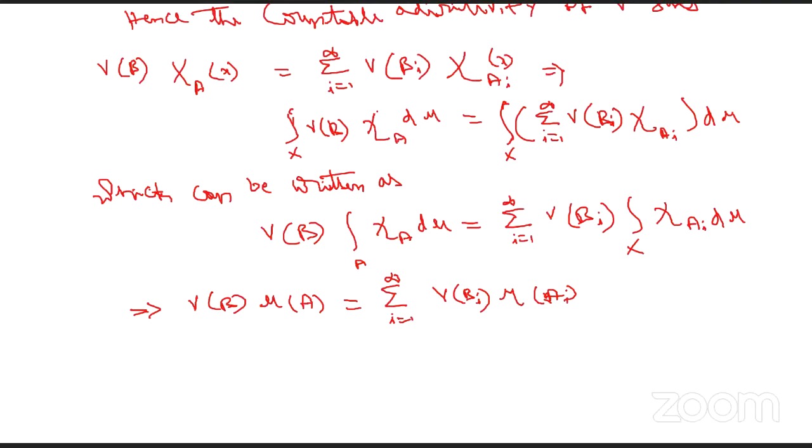Thus, nu of A cross B, that is mu naught of A cross B, equals the sum over i equal to 1 to infinity of mu naught of A_i cross B_i. This proves the second bit.